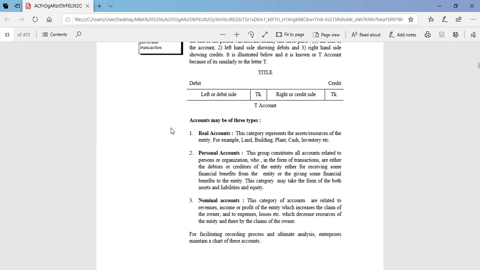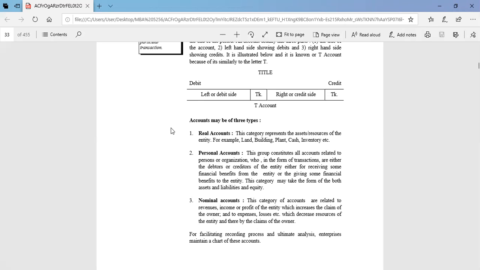Another type is the nominal account. This category of accounts is related to the revenue, income and profit of the entity, which increase the claim of the owner, and expenses or losses, which decrease the reserves of the entity and thereby the claim of the owner.